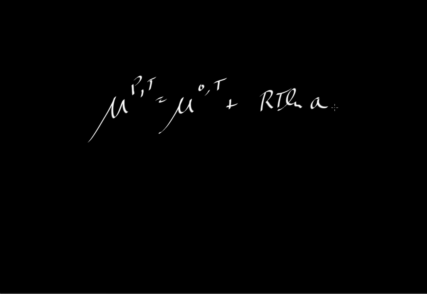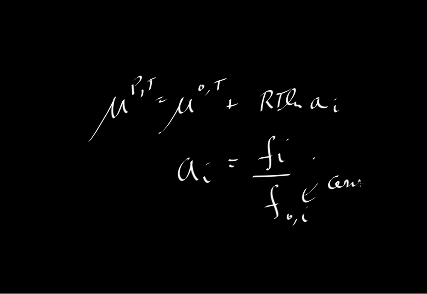Now we're talking about mixtures, so we usually put a subscript i. So the activity of i is equal to the fugacity of i divided by the fugacity of i at some standard state. We'll just call it F naught. Well, I guess we could put a comma i there. This can be anything we want. It can literally be quite anything.